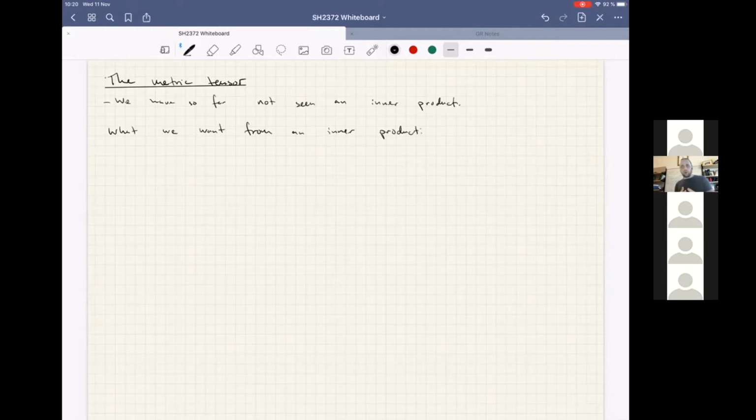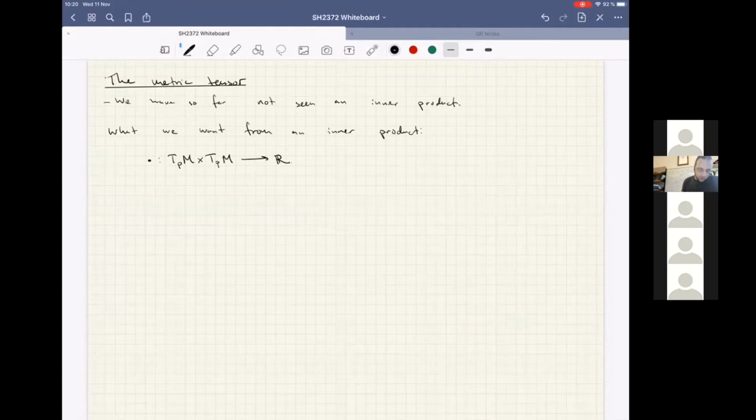First of all, it should be a map taking one vector in the tangent space of the manifold at some point, and another vector in the same tangent space, and mapping that to a real number.